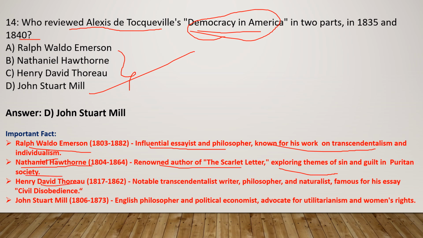Henry David Thoreau, notable transcendentalist writer, philosopher, and naturalist, famous for his essay Civil Disobedience. John Stuart Mill, English philosopher and political economist, advocate for utilitarianism and women's rights.